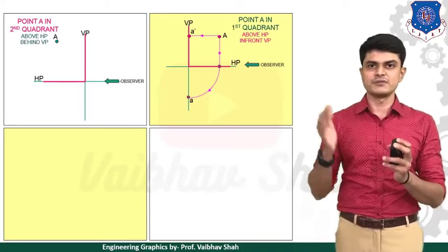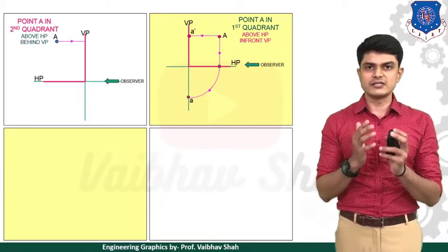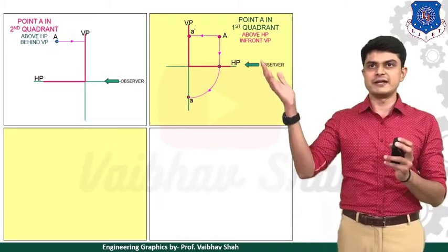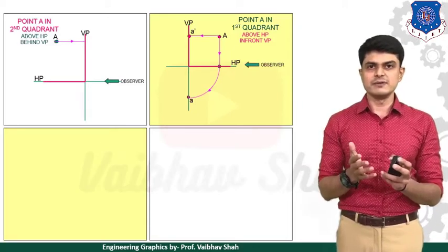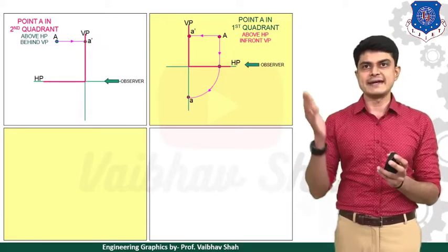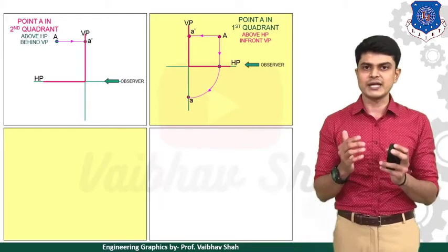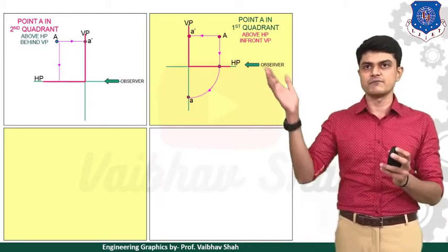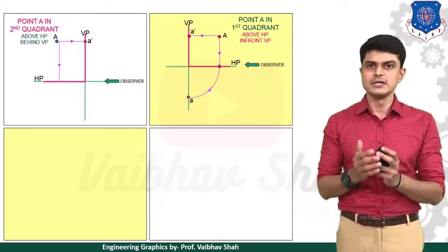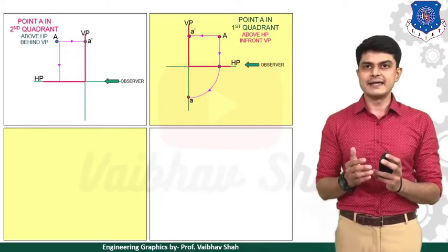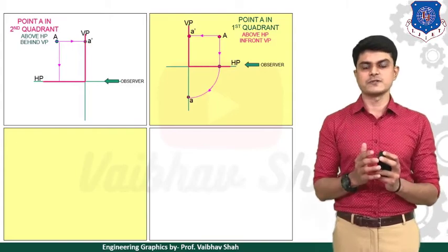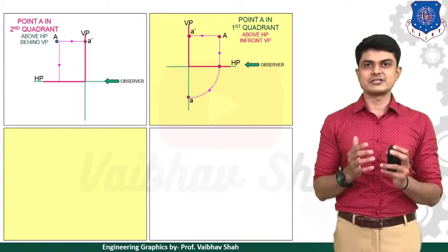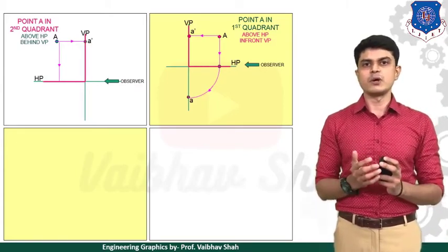So we will take the front view from this direction. When we do, we have point A's view on the vertical plane, as you can see. This will be nothing but A dash. Now if we take the top view, it is obvious that the top view would be on the horizontal plane just below the point. We then rotate this horizontal plane in the clockwise direction around the vertical plane.